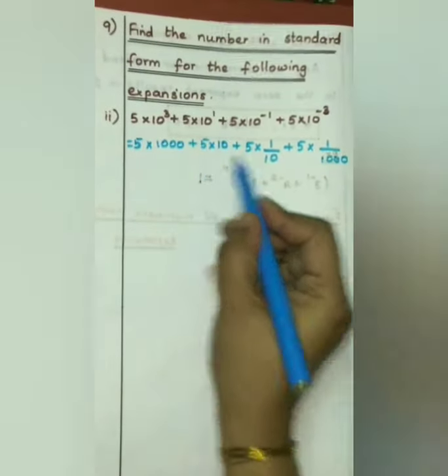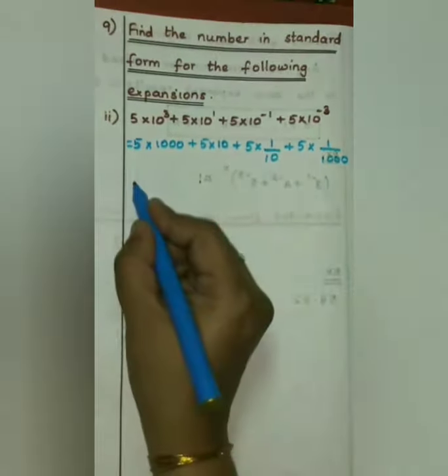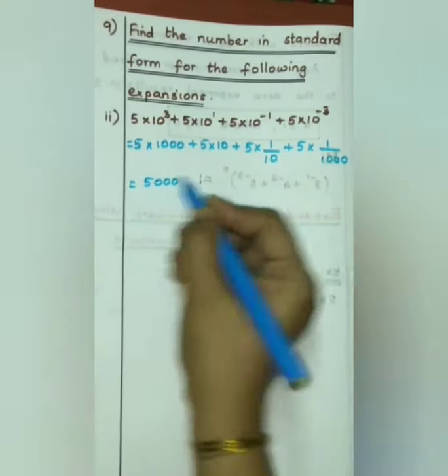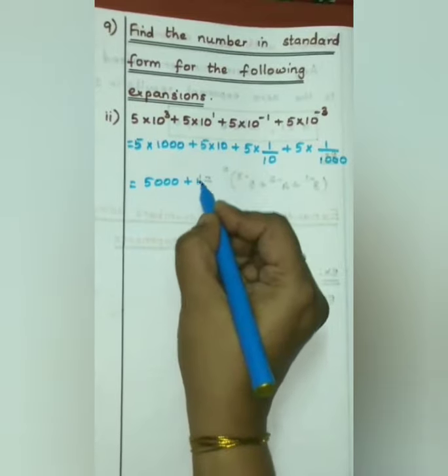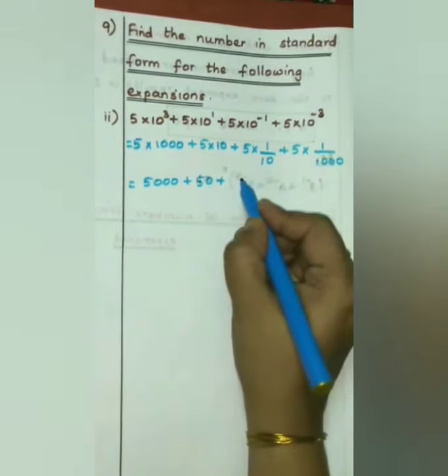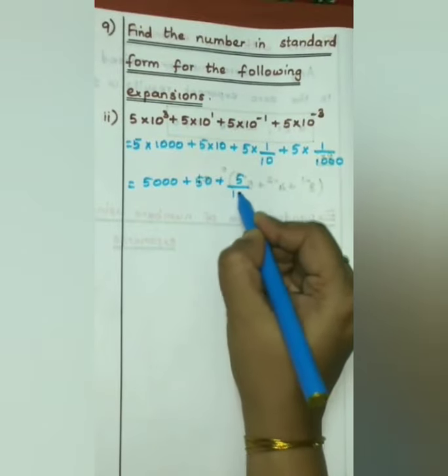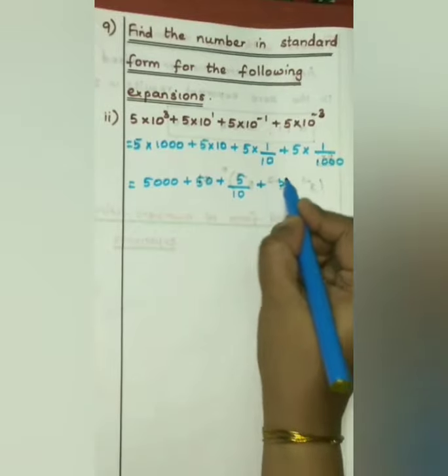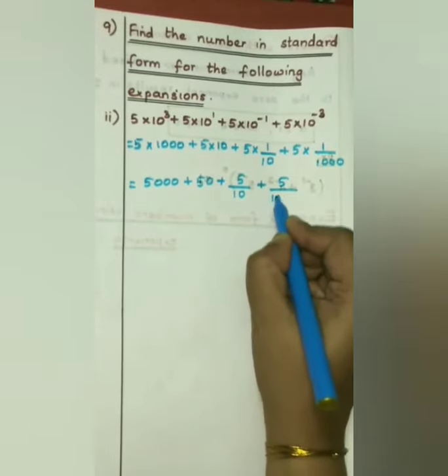Now you multiply and write in the next step. 5 into 1000, 5000 plus 5 into 10, 50 plus 5 into 1 by 10, 5 by 10 plus 5 into 1 by 1000, 5 by 1000.